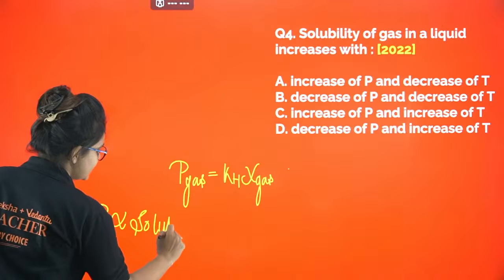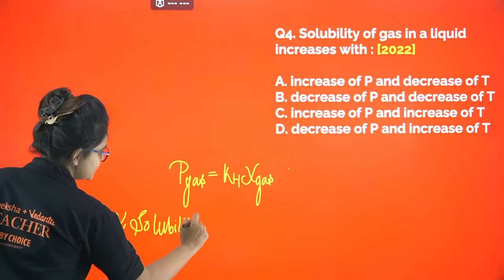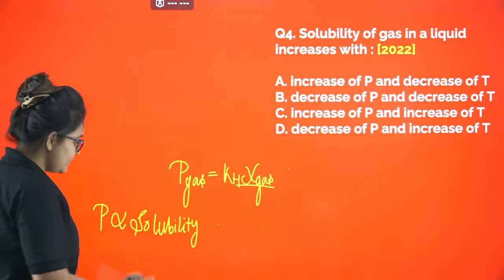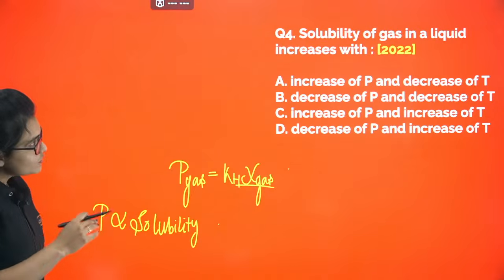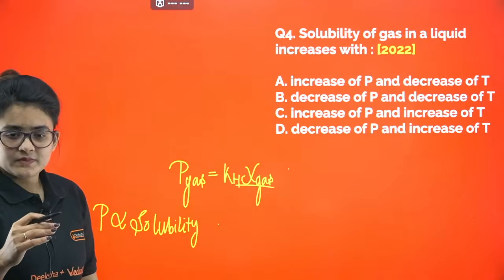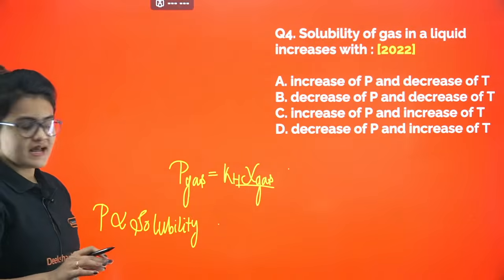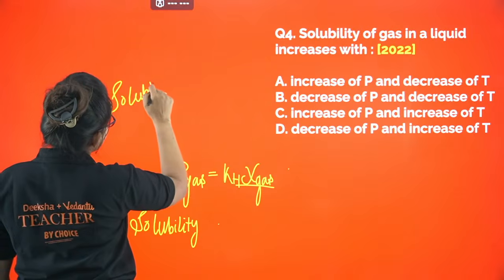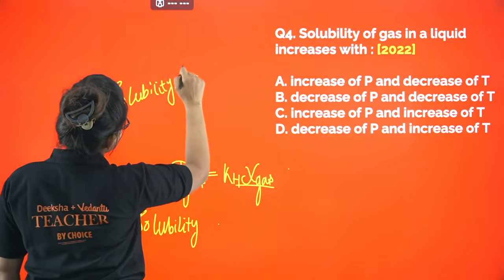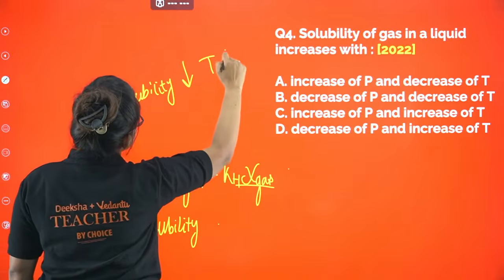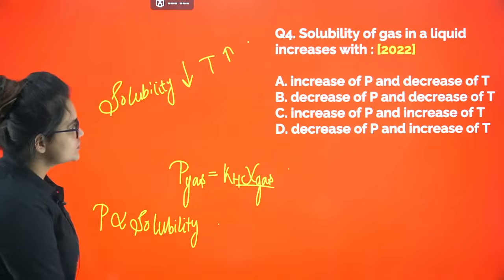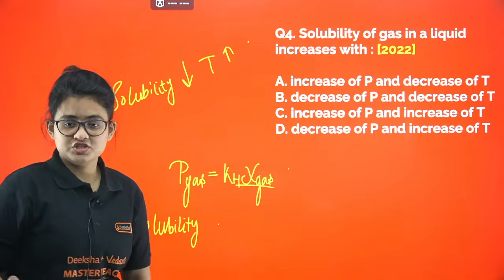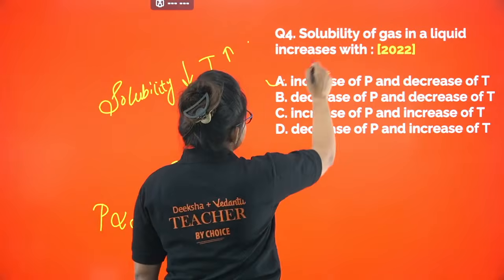I told you in that session, mole fraction actually represents the solubility. So if you want to increase the solubility, pressure will increase. And I told you solubility is inversely proportional to temperature. If solubility decreases, temperature increases. So increase in P and decrease in temperature. Okay, I guess it's clear.